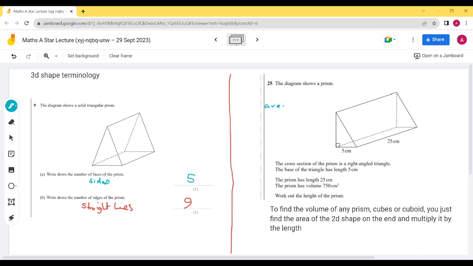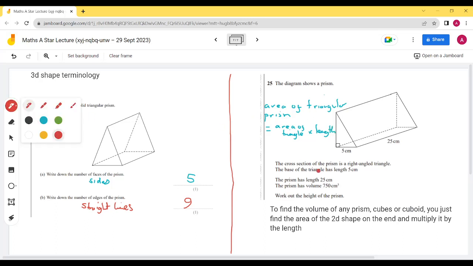So volume of triangular prism equals the area of the triangle times the length.